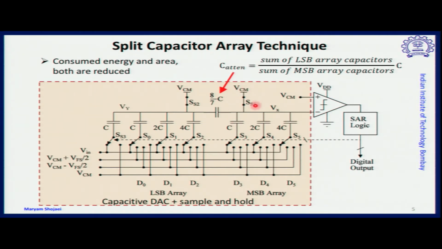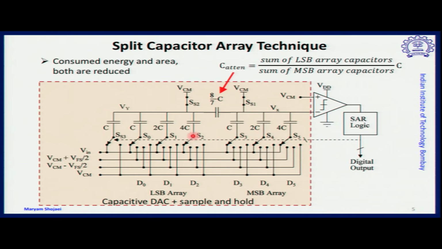So initialization happens the same way it happens for the traditional binary weighted capacitive DAC. Therefore, the bottom plate is connected to V in and the top plate is connected to VCM. The main reason for area reduction is that the size of the maximum capacitor is now limited to 4C.